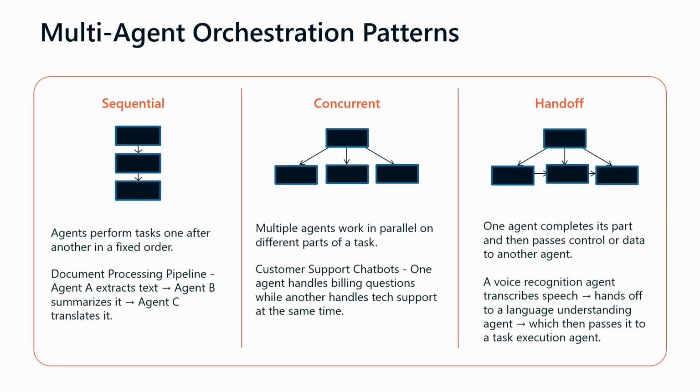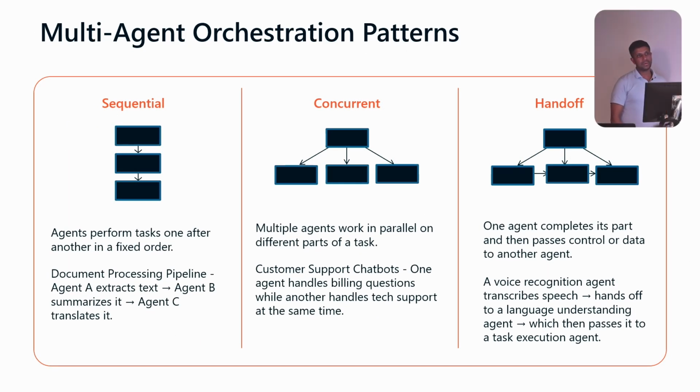When you have multiple agents working together, sometimes you may still want to have control over the sequence of execution. These are some of the patterns that you can use for orchestrating multi-agent applications: sequential, concurrent, and handoff. Sequential is where you execute the steps one after the other. The output of the previous step will be the input for your next agent. It could be used in a use case like a document processing pipeline.